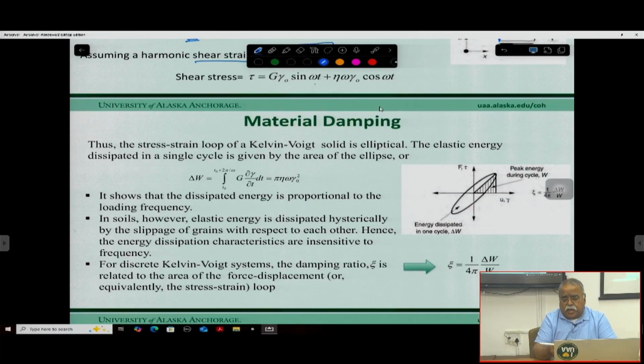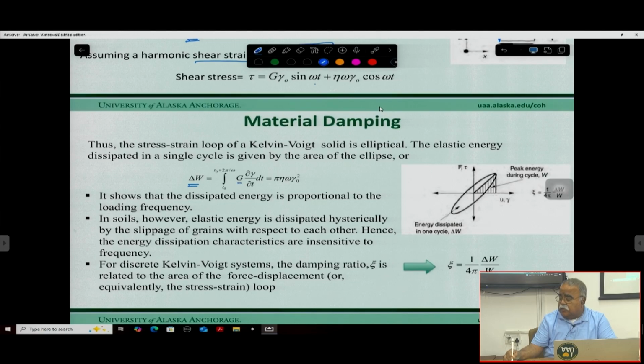We are trying to calculate in a single cycle how much energy is dissipating, right? That means the amount of work done, because work done means the amount of energy dissipated. So we need to find the amount of work done in a cycle. That is your delta W.